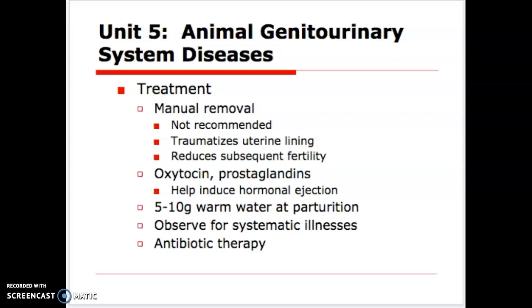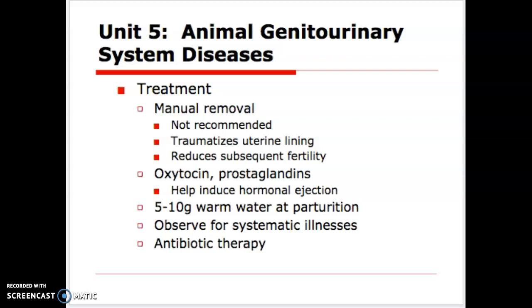So if you decide to go in there and just gently tug on those retained fetal membranes and try and get them to dislodge, come loose, and then pull them out, understand the risk that you're taking of doing that. I've seen it done. I can't speak to how common it is today, but I think it's less common than it used to be at one time.